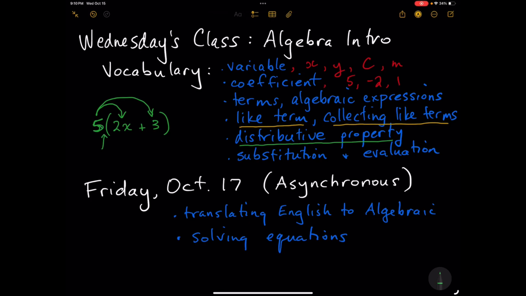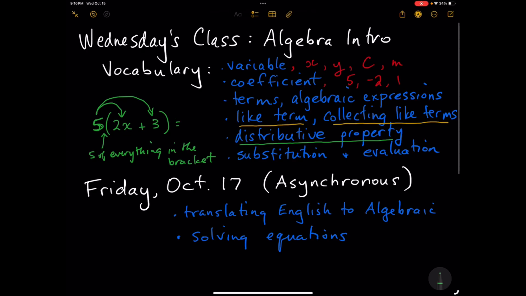Implied here is that we're talking about 5 of everything in the bracket. So what that means is we have 5 times 2x, so that's 10x, and 5 times 3, so plus 15. Okay, so that's just bringing us up to date with what we did on Wednesday a little bit.